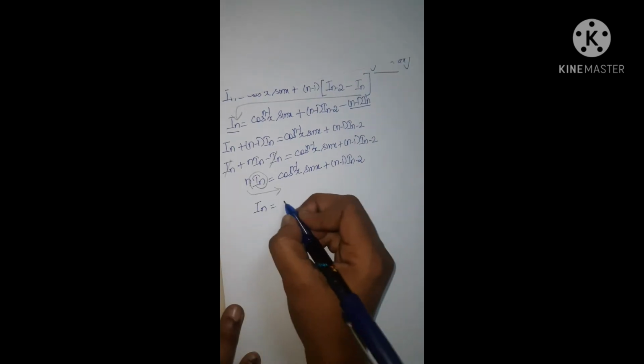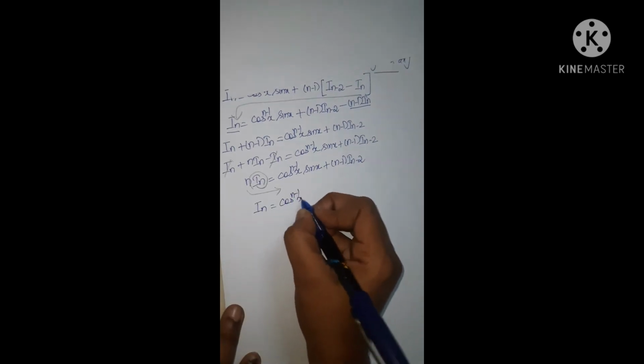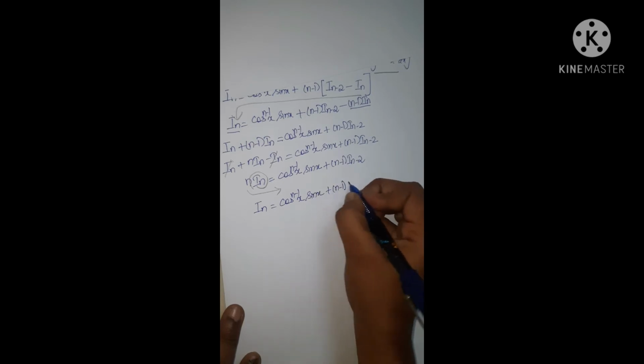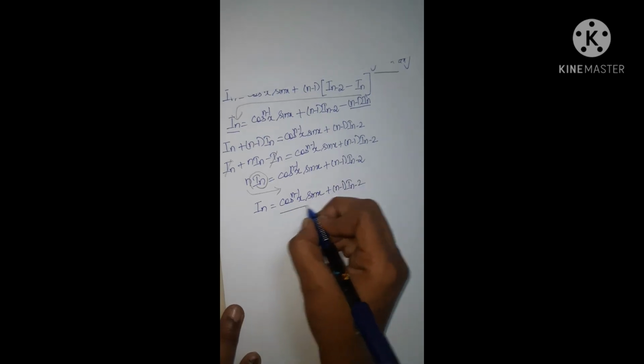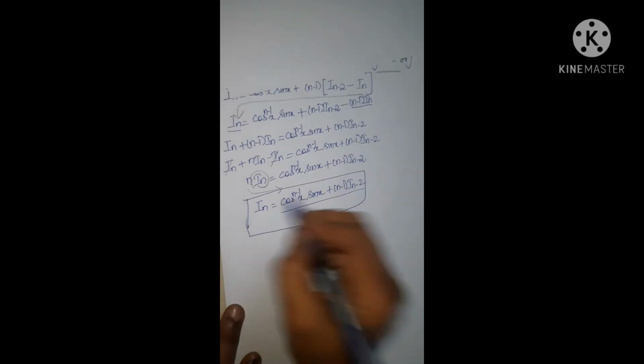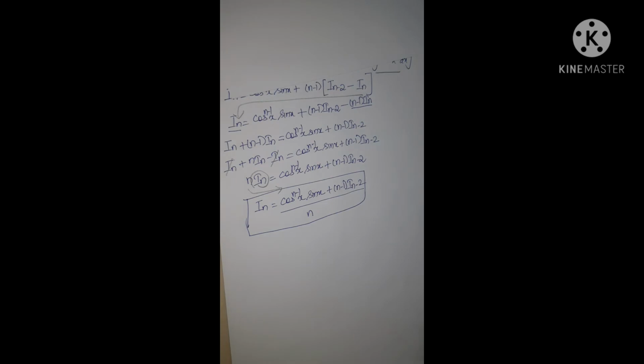In is equal to cos^(n-1)x sin x plus (n minus 1) of I(n minus 2), the whole divided by n. This completes the first part of the proof, which is the reduction formula for the function cos^n x dx.